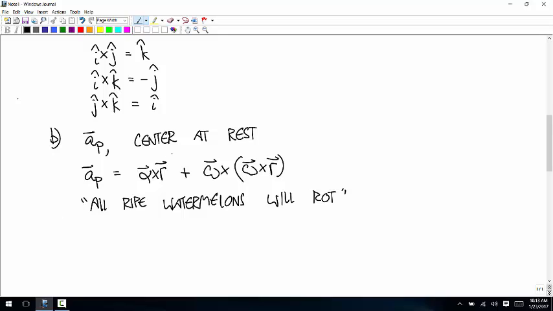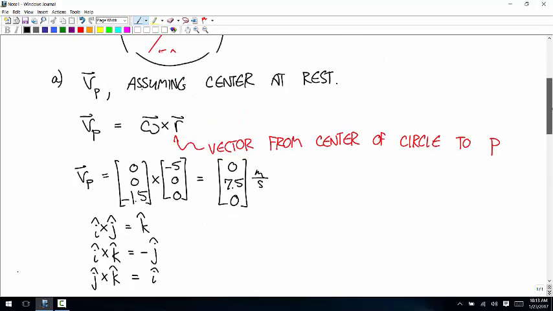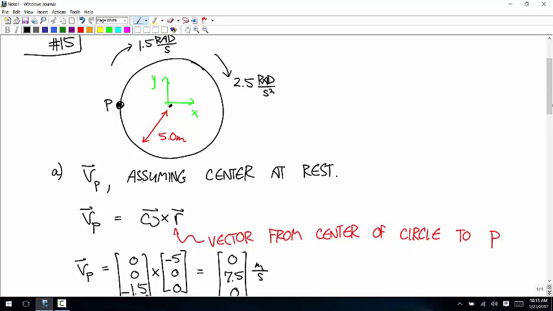But anyway, we already have omega and R, so we just need alpha. And we'll think about that the same way. If it has an angular acceleration that's clockwise, then curl your fingers clockwise.